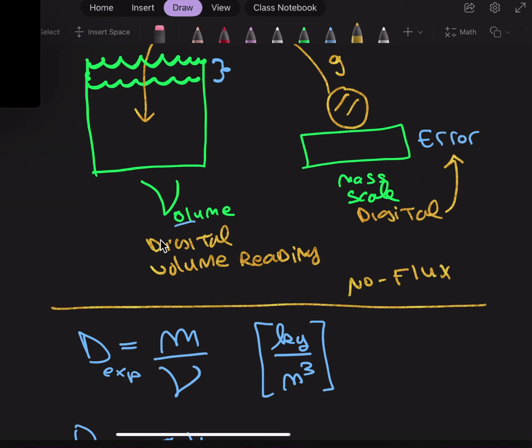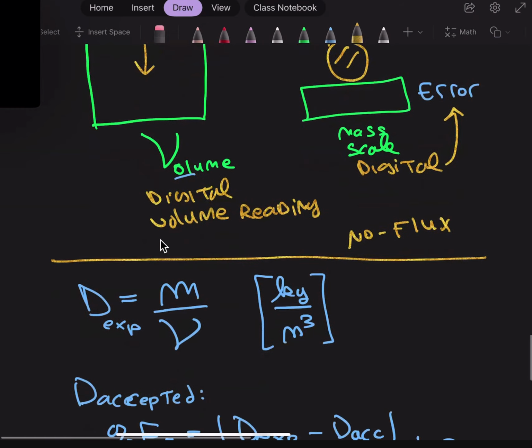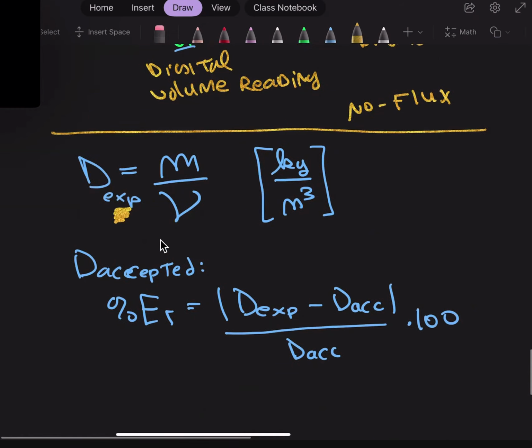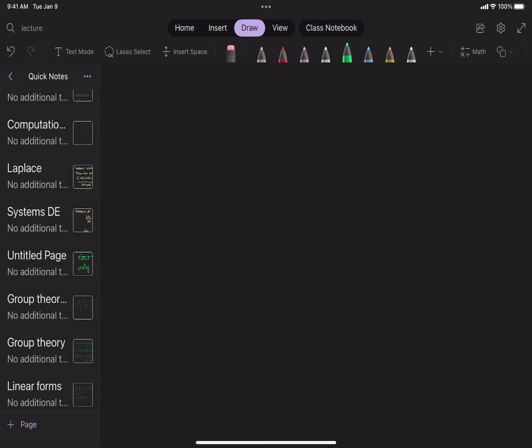And the final part is to calculate, so this is your value for density, and there's an accepted value, so you want to see how accurate your experiment was. So you're also going to calculate the error for your density. The error in the density is going to be the experimental density that you calculated previously, multiplied by this factor.